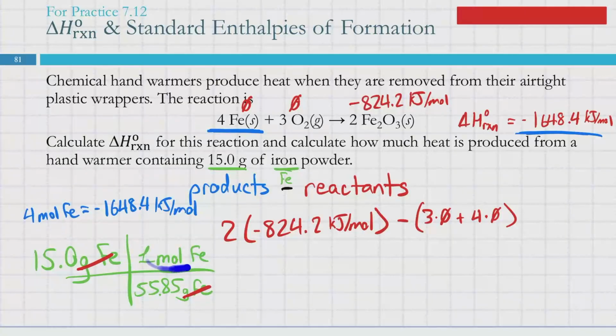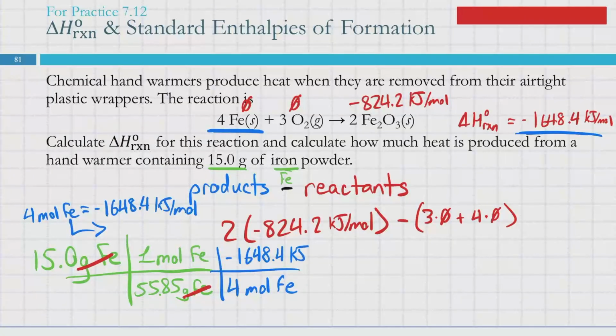We need our moles of iron to cancel. We've got moles of iron on the top, so we're putting the 4 moles of iron on the bottom. And the heat part goes on top. Leave off the per mole here because it's per 4 moles of Fe. So 15 divided by 55.85 times negative 1648.4 divided by 4.